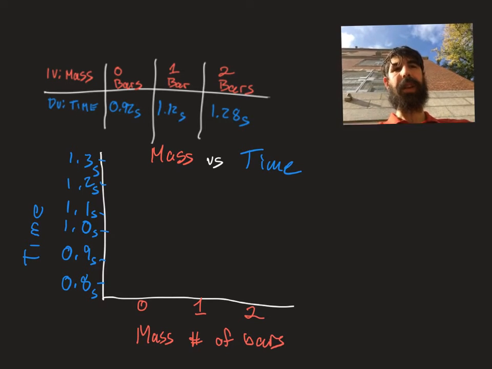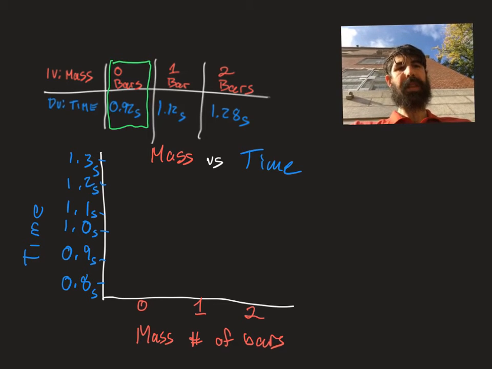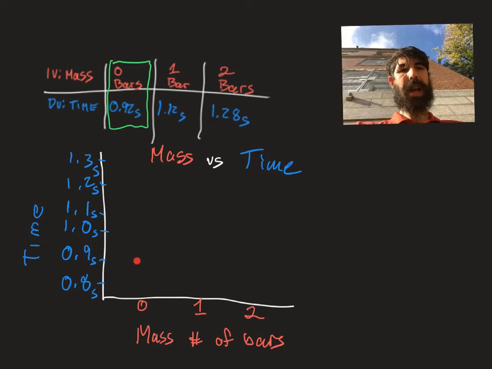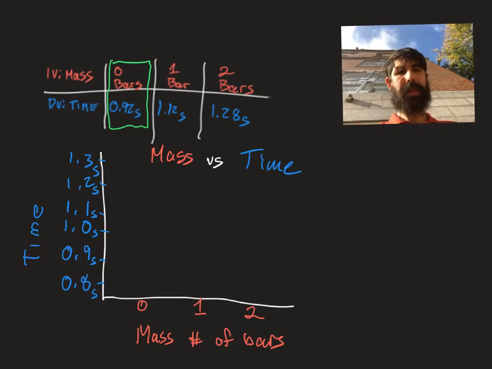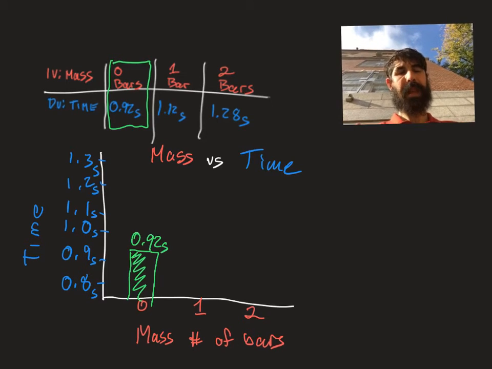I like color coding, so I'm going to make this bar green. 0 bars took 0.92 seconds, so that's right around here. So I'm going to take my green pen and label it 0.92 seconds.